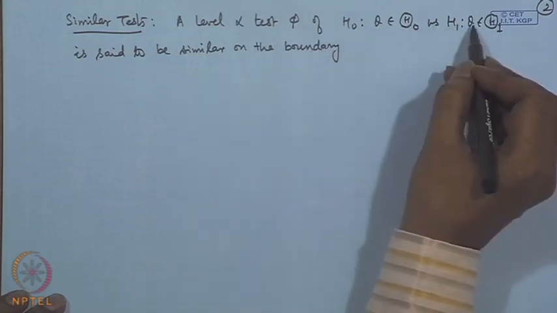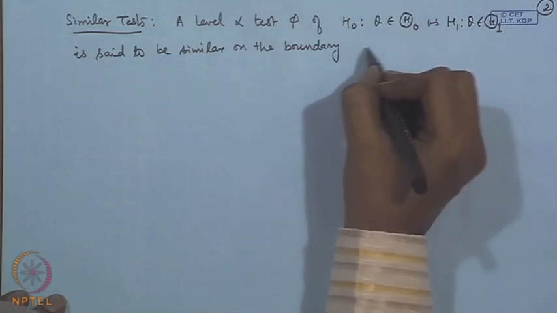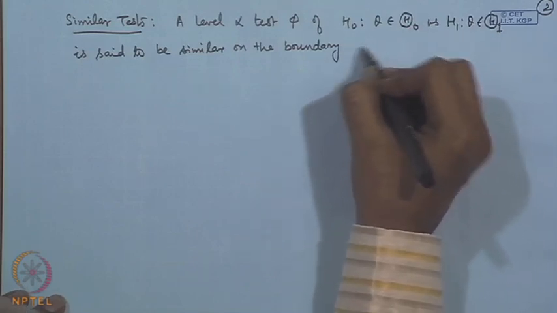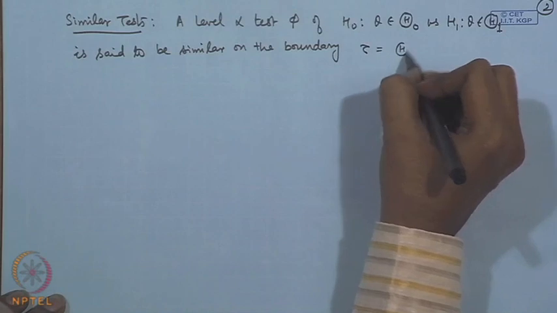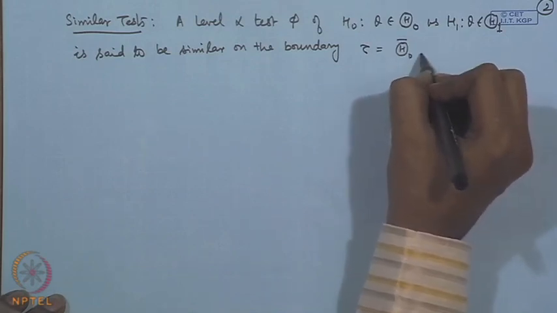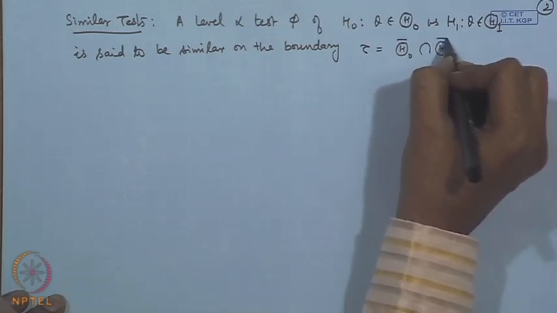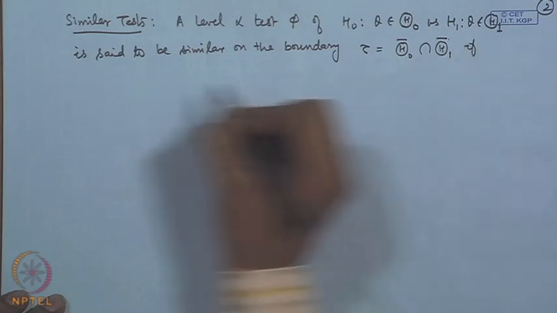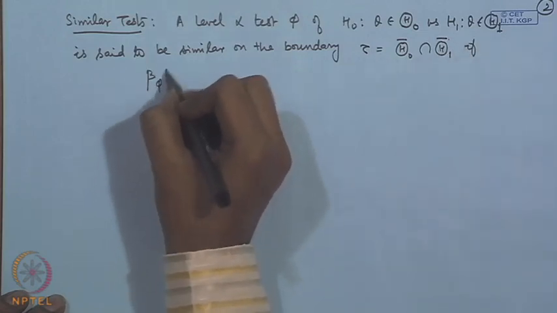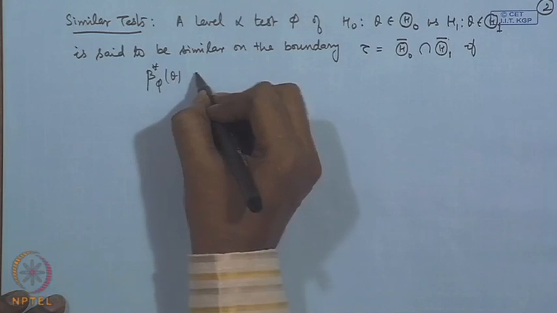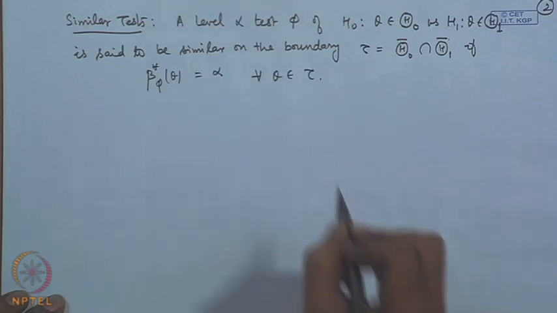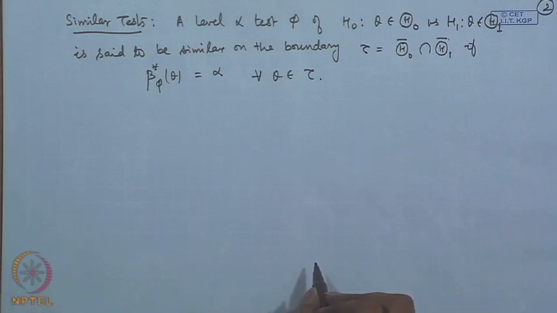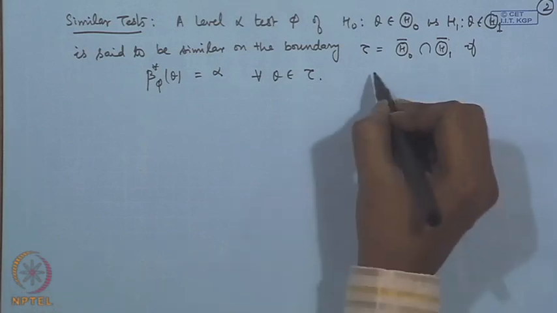So, the boundary of theta naught and theta 1, let us denote it by tau, that is equal to the closure of theta naught intersection the closure of theta 1, if beta phi star theta is equal to alpha for all theta belonging to tau. So, this is called a similar test.